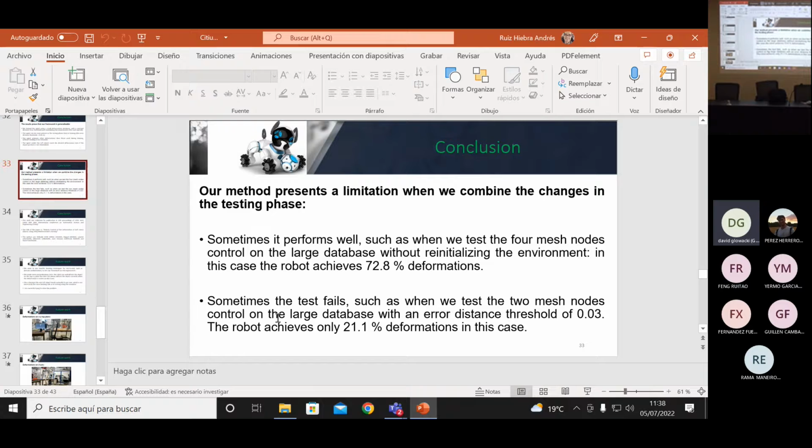Okay, and also when you were able to achieve between 70 and 80% of the deformations, why did it fail for the other 20 or 30%? Do you have any idea how to improve that? When it succeeds, I just change one of the conditions.